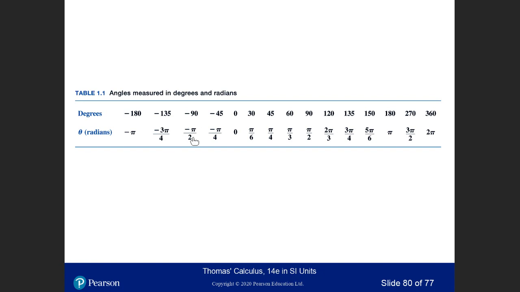Minus 90 is minus pi over 2, and minus 45 is minus pi over 4. 0 is 0. Now in the positive direction, which is counterclockwise: 30 degrees is pi over 6, 45 is pi over 4, 60 is pi over 3, 90 is pi over 2, 120 is 2 pi over 3, and so on. It goes on like this.